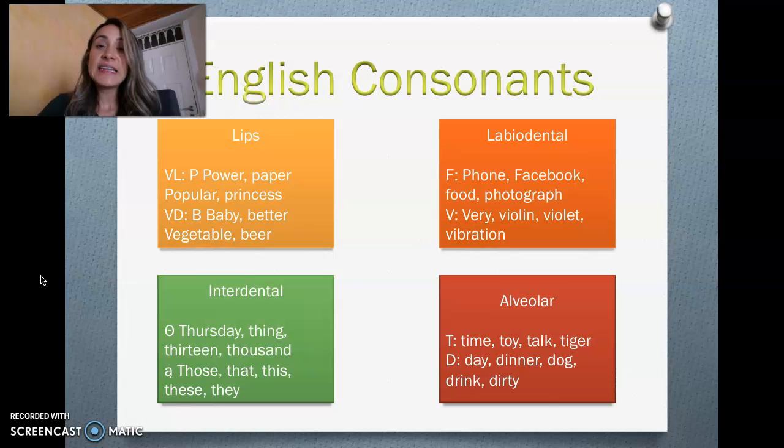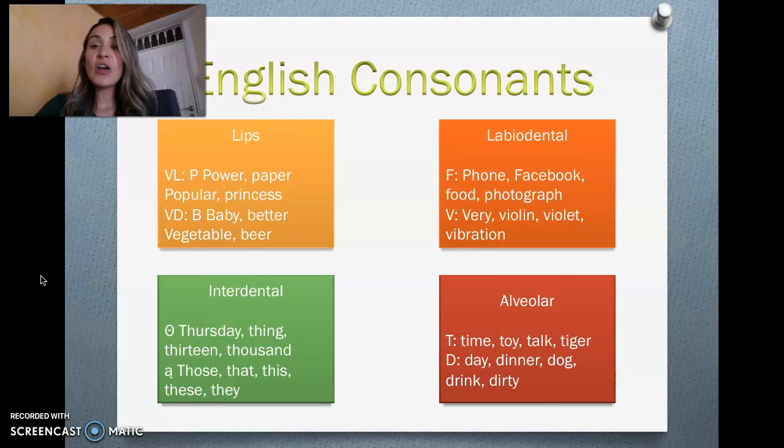With interdental, the tongue and T: Thursday, thing, thirteen, thousand, those, that, this, they.